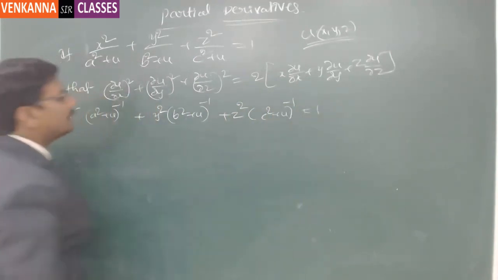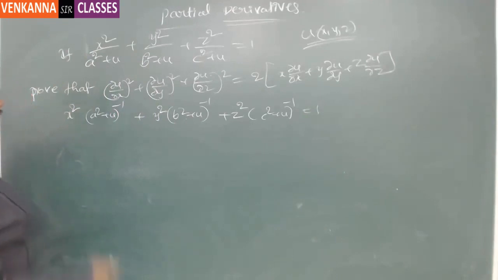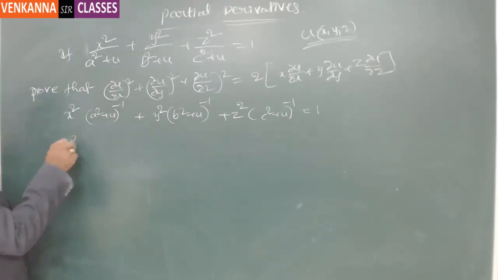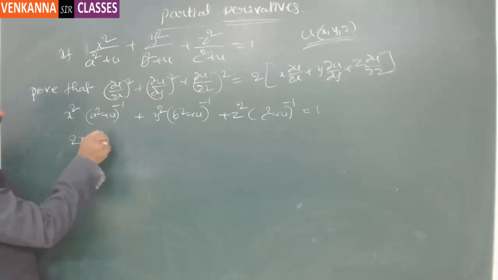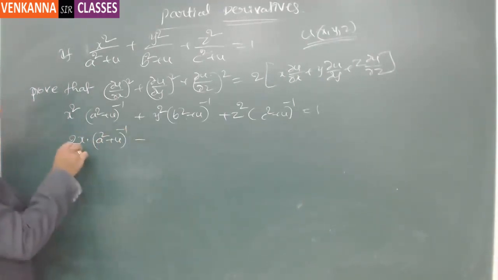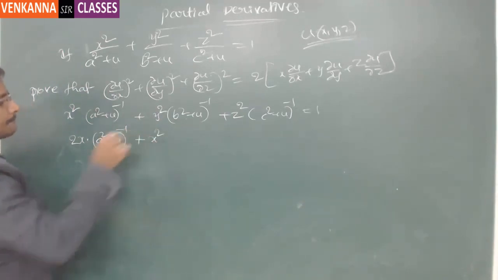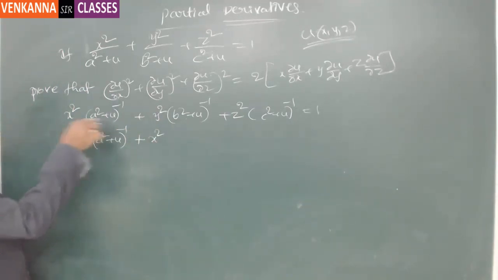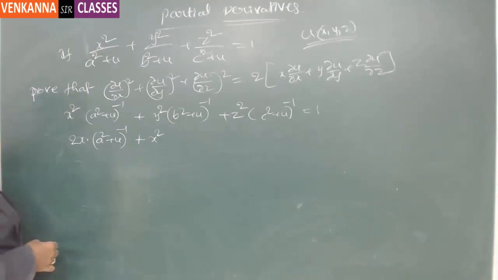Now, if you take the derivative on either side, then this will use the uv formula because u is a function of x and x is a function of x. So, taking the derivative with respect to x, this will be 2x into (a²+u)^(-1) plus x² into the derivative of (a²+u)^(-1).